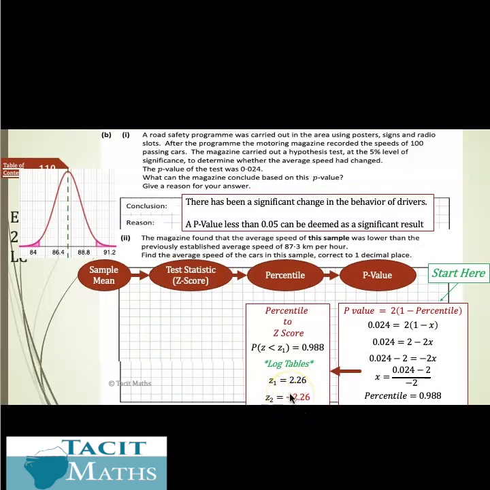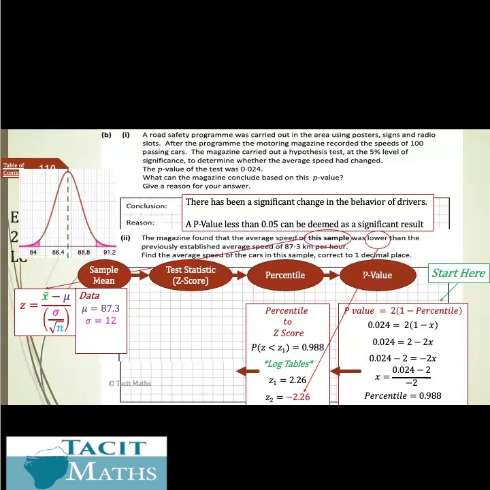Now we're on the home stretch. We have nearly all the information that we need. We're looking for this mean, whatever it is. If we were to list out our data, we'd say for this test statistic formula, we have the population mean, we have the population standard deviation, we have the sample size. We're just looking for the sample mean.